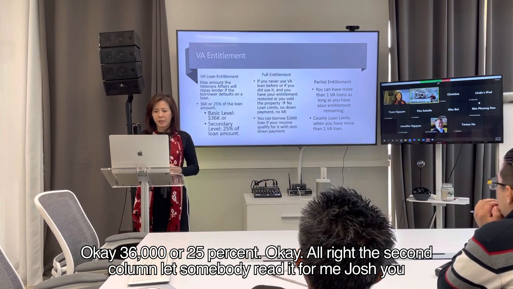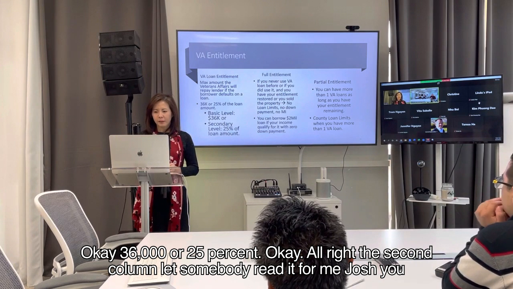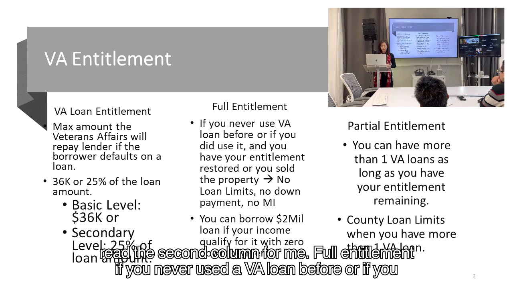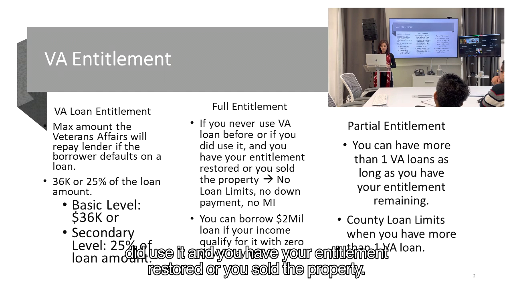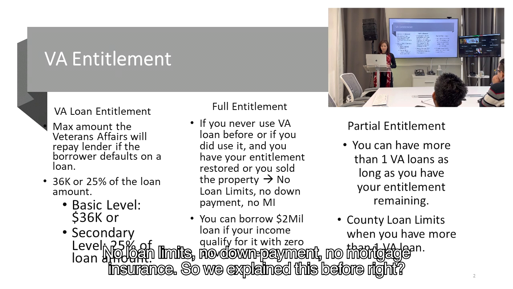All right. The second column. Josh, can you read the second column for me? Full entitlement. If you never used a VA loan before, or if you did use it and you have your entitlement restored, or you sold the property: no loan limits, no down payment, no mortgage insurance. So we explained this before, right?